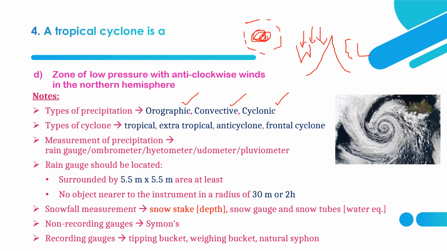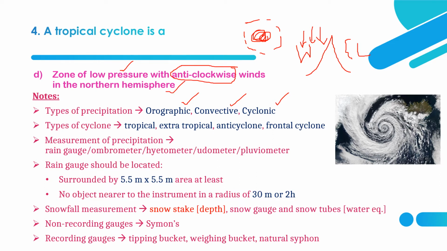This occurs in the form of high intensity showers but of short duration. The next is cyclonic precipitation. We have already seen that a cyclone is a large low pressure region with circular wind motion, anti-clockwise and occurring in the northern hemisphere.